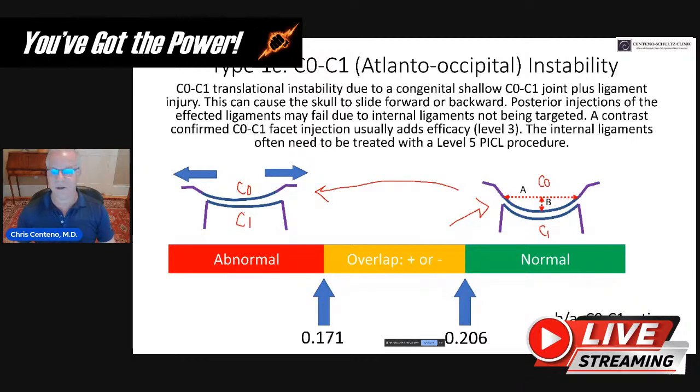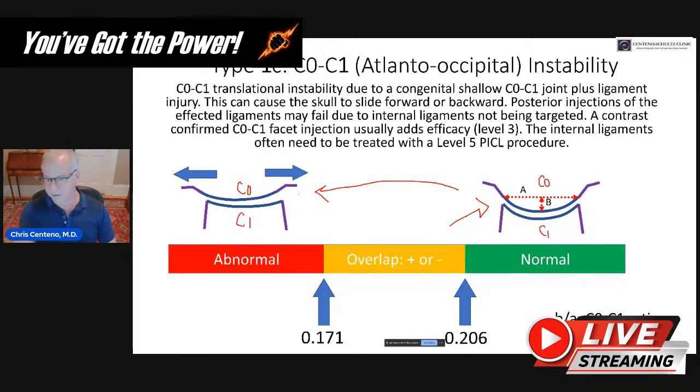And obviously, you don't have that same stability on the left here. So basically, you get instability. Now, not when the ligaments are working, but if the ligaments get stretched and you have this kind of thing, you can see sliding of the skull forward or backward with flexion or extension.